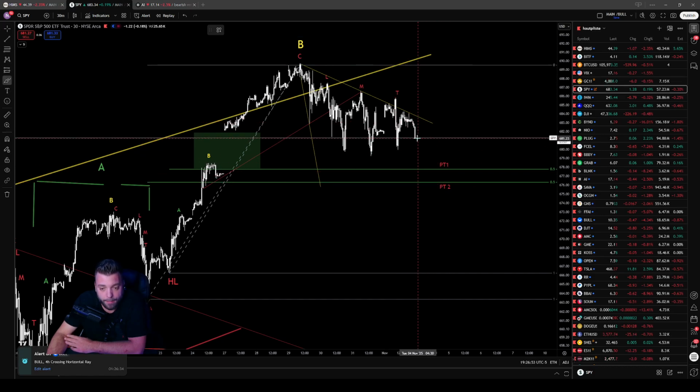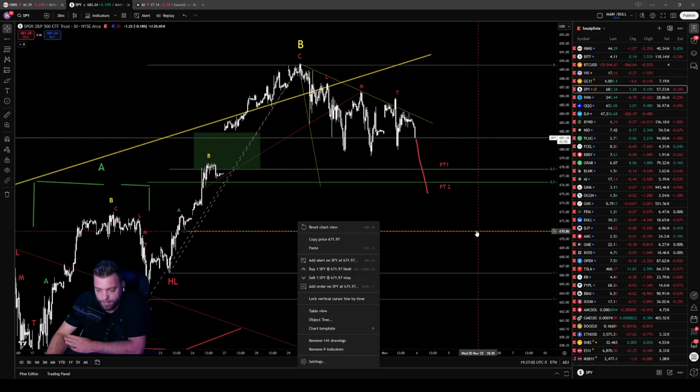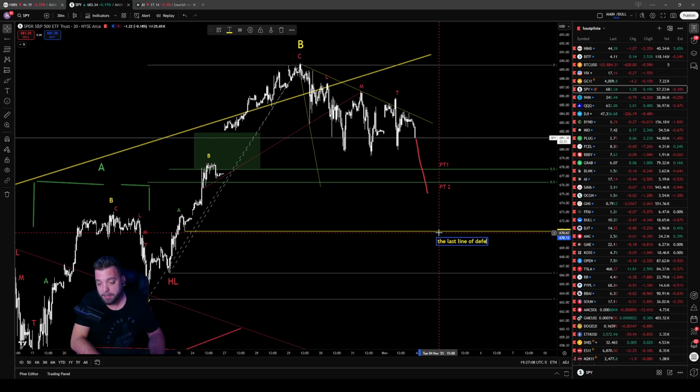But if we're really breaking through this, our next target for bouncing would be at 670. And in my opinion, that would be the last line of defense for a bounce.